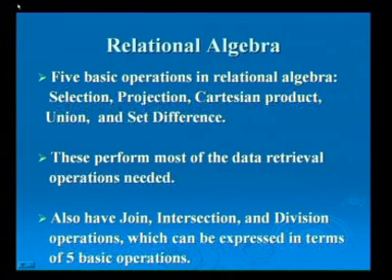Another categorization would be unary operations and binary operations. Unary operations are performed on one relation, such as select and project, and binary operations are performed on more than one relation, such as join.